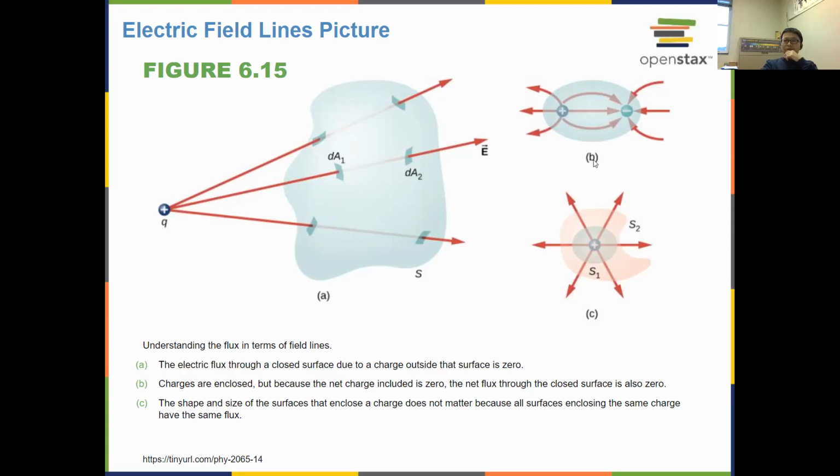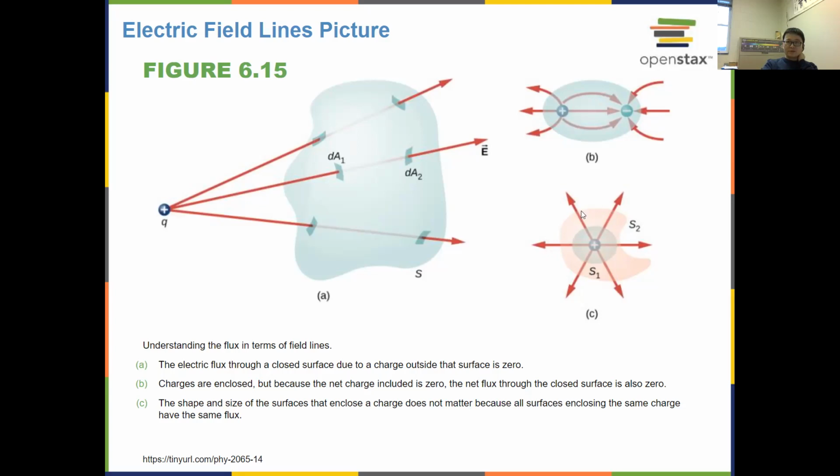For case B, if you have a positive Q and an equal negative Q enclosed by this surface, the charge enclosed is plus Q minus Q, so that's also 0. On this side you have positive flux, on this side negative flux, so overall they cancel out again.